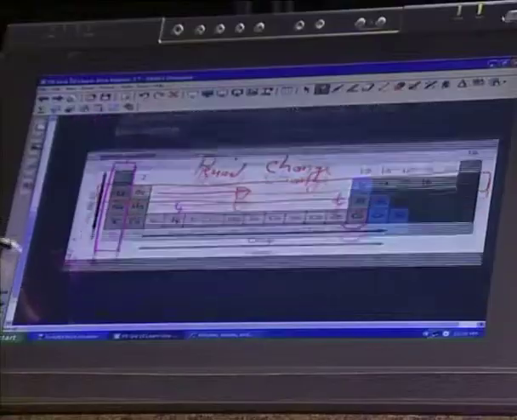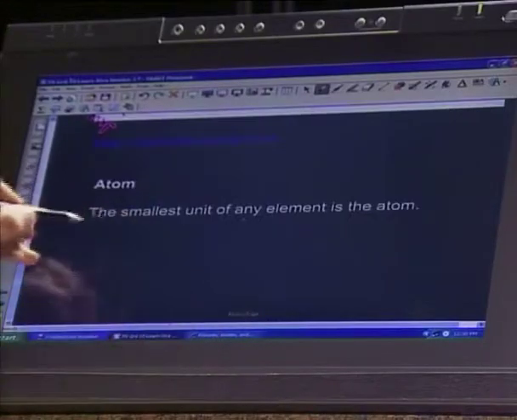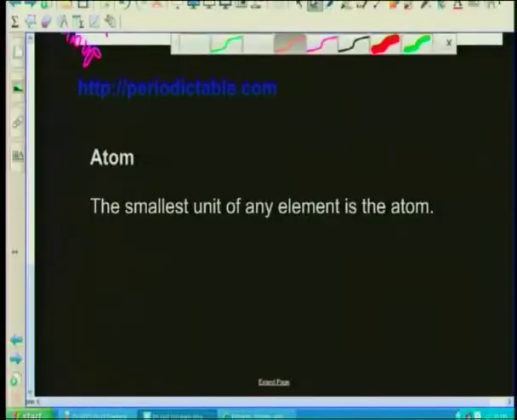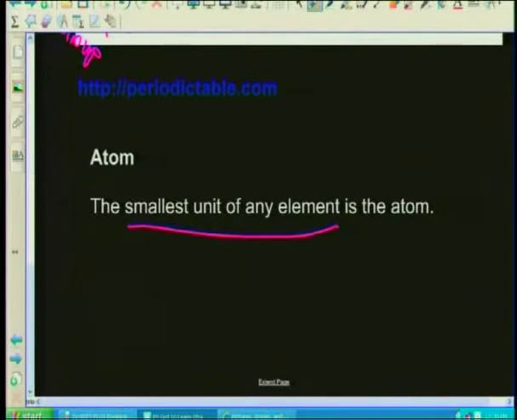The smallest unit of any element is the atom. The atom is the building block of not only elements, but obviously we'll see later that elements can join together to form bigger structures. So when we start at the very smallest particle, we're dealing with the atom.